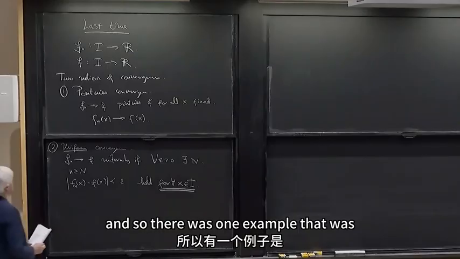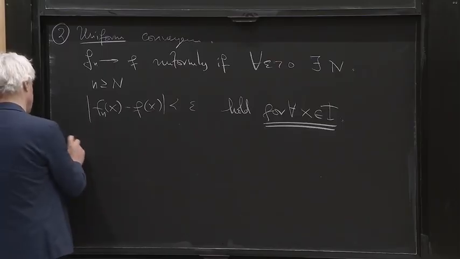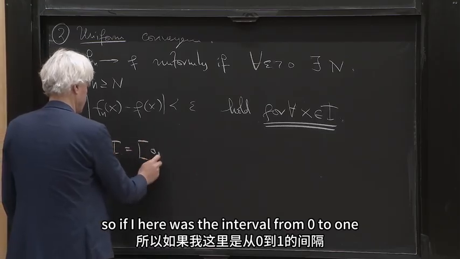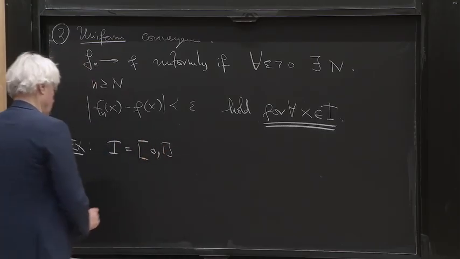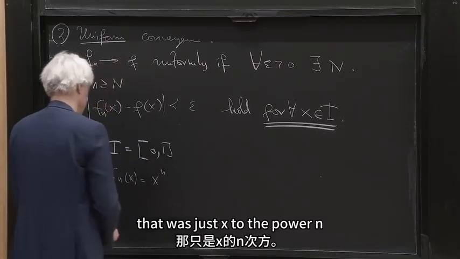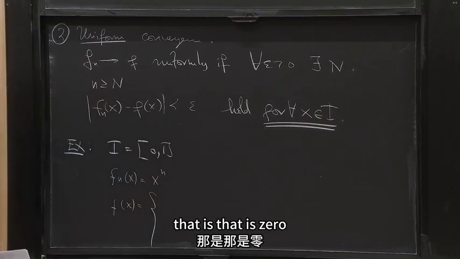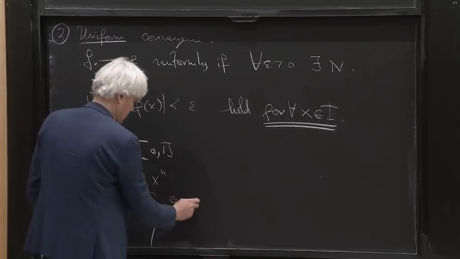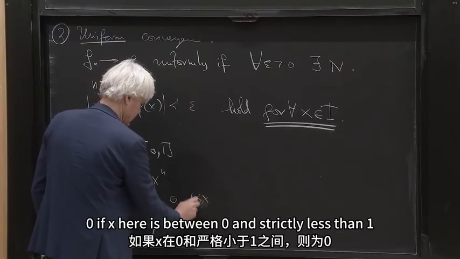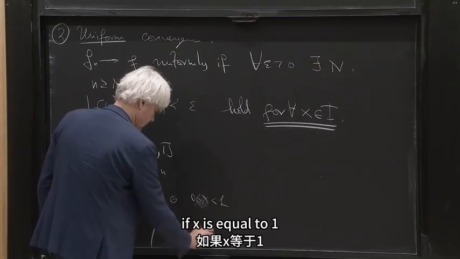Okay, and so there was one example that was particularly illuminating. We took I to be the interval from 0 to 1, and we're looking at the function fn of x, which is just x to the power n, and f of x is then the function that is 0 if x is between 0 and strictly less than 1, and 1 if x is equal to 1.